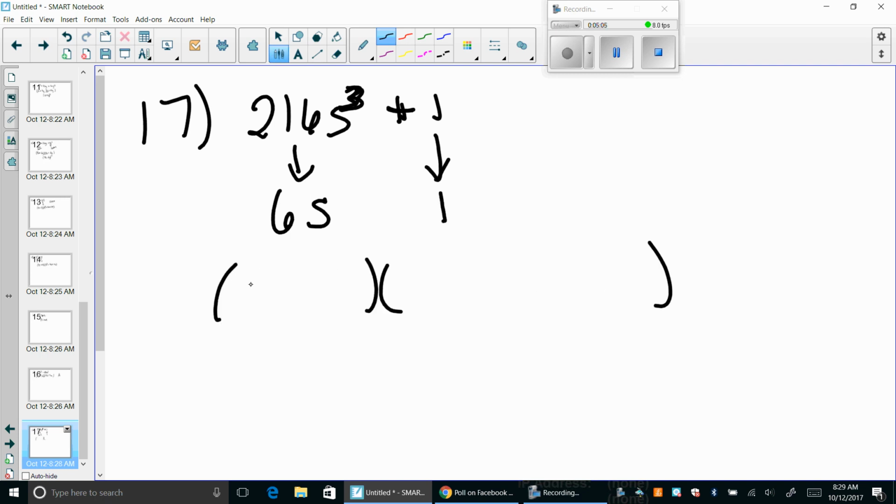So this factors to 6s plus 1, and then you square the first term, so that'd be 36s squared, and then it's going to be minus the product of these two, so 6s times 1 is 6s, and then plus, because it's always positive, 1 squared, which is 1, and that's how that factors.